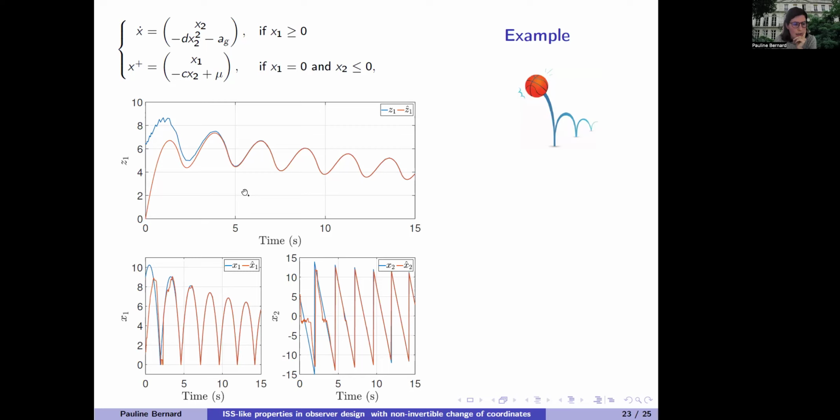Then when you come back to x and x hat, you see that even if x2 jumps, between negative and positive, you have convergence with maybe some errors around the jump times, which are probably just due to the fact that the red curve is a bit late, for example, and jumps just after. And in terms of the distance to the set A, this converges to 0.